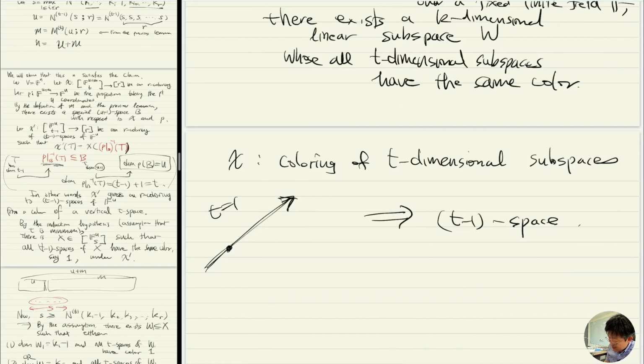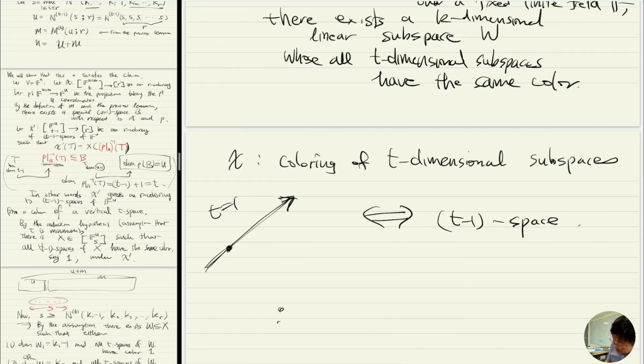Right. So what's the correspondence? What is the easiest way?